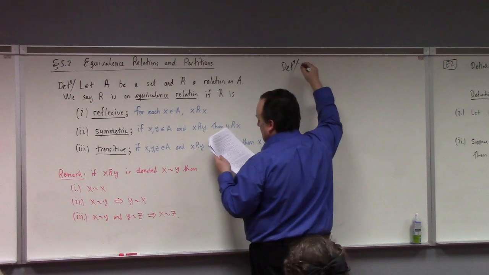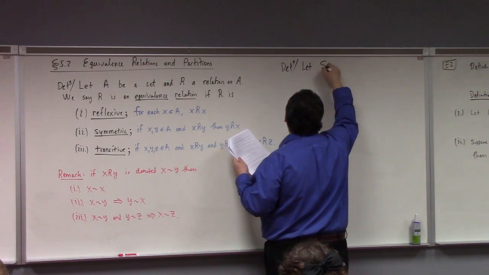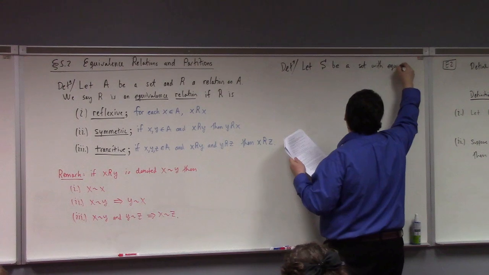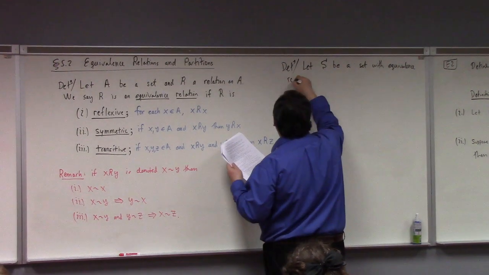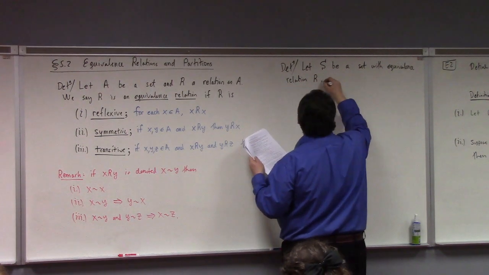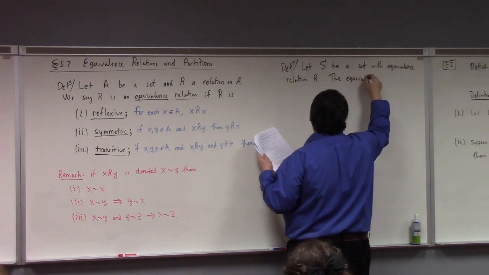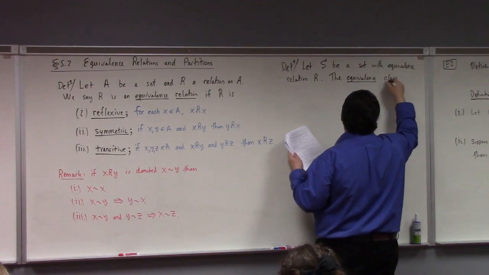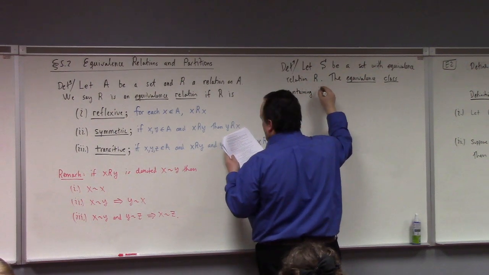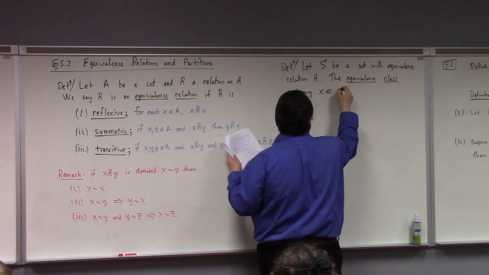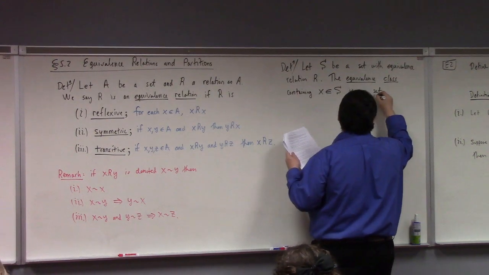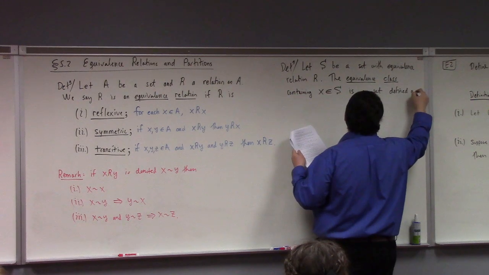So, definition: let S be a set with equivalence relation R. The equivalence class containing X in S is a set defined as follows.